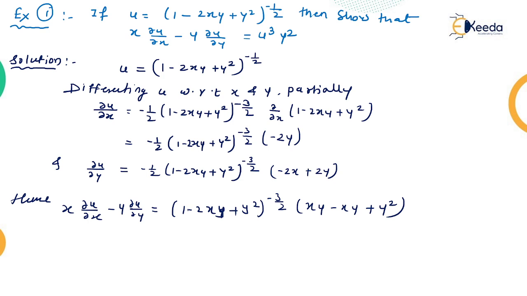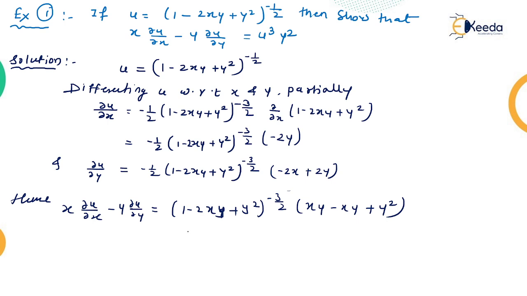This bracket with power minus 3 by 2 is common, and remaining inside: first multiply ∂u/∂x by x, so it becomes minus 2xy, then multiplied by minus 2, the xy terms get cancelled, leaving xy minus y² plus y² minus xy.